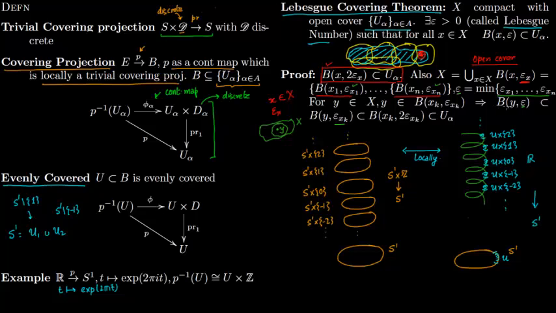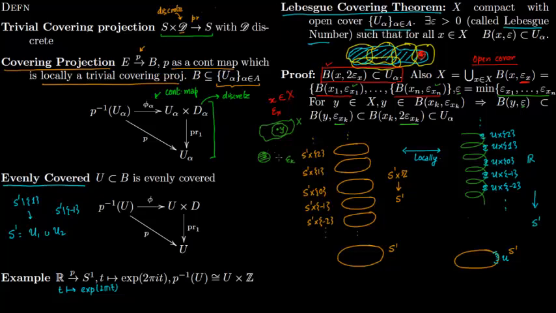So this ball will lie in this ball, but this ball will further lie in a ball with radius twice epsilon k. Notice that I'm using twice epsilon k now. The idea is simple. You have point y, you have ball 1 here, which has radius epsilon k.